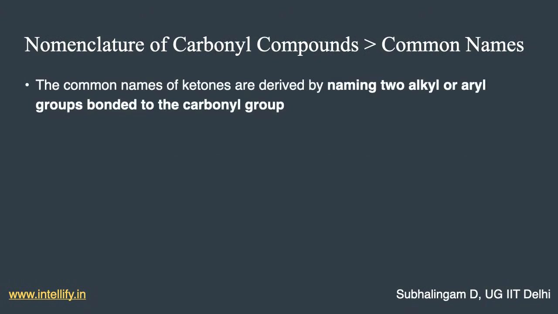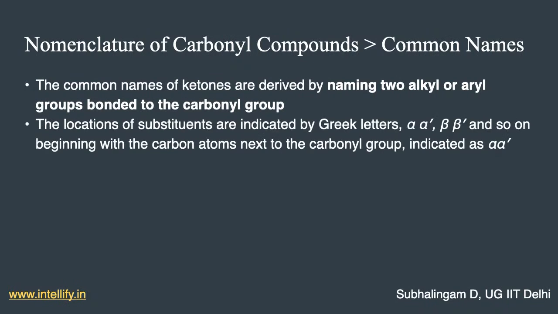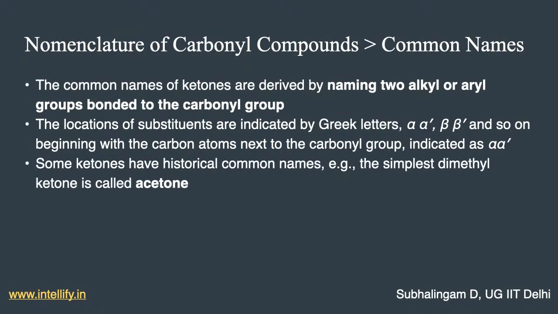The common names of ketones are derived by naming the two alkyl or aryl groups bonded to the carbonyl group. The locations of substituents are indicated by Greek letters like alpha, alpha', beta, beta', and so on, beginning with the carbon atom next to the carbonyl group, indicated as alpha, alpha'. Some ketones have historical common names, for example dimethyl ketone, which is called acetone.